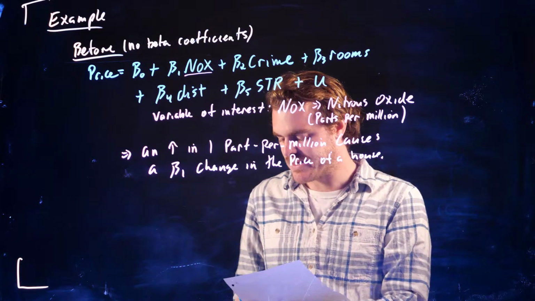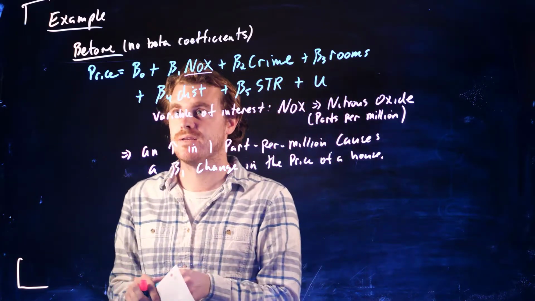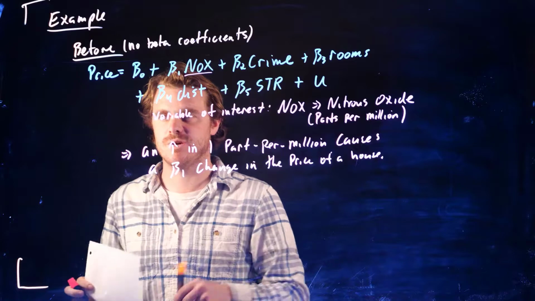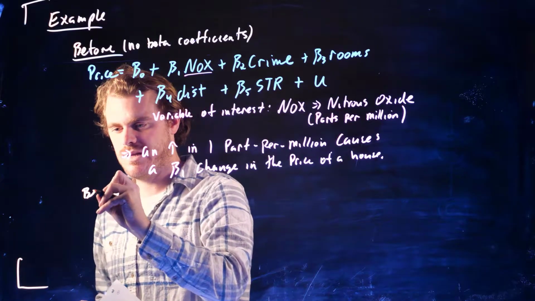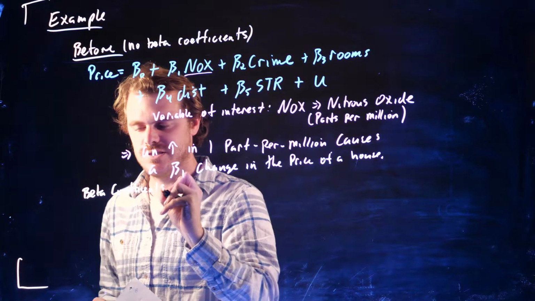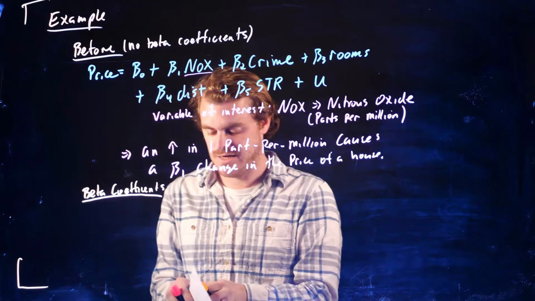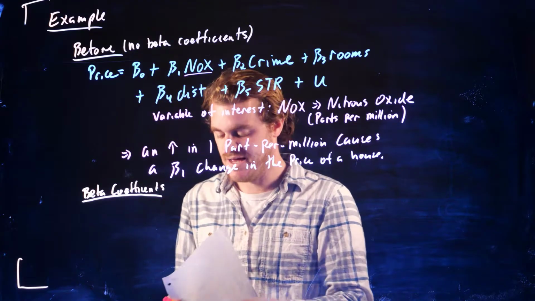But now let's think about what our regression looks like now, and hopefully we have enough room to fit in the interpretation. So let's write with beta coefficients here. So now we're going to use beta coefficients. I think I did the other thing in blue, so let's continue that.